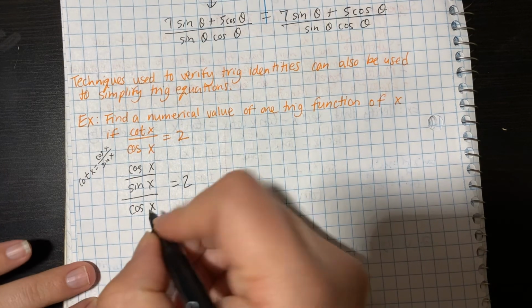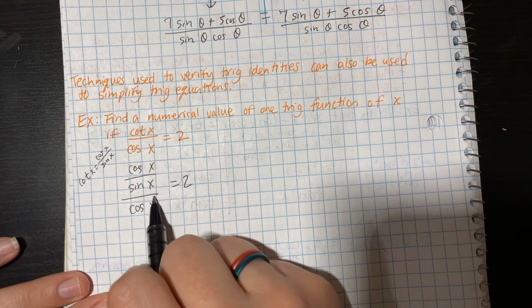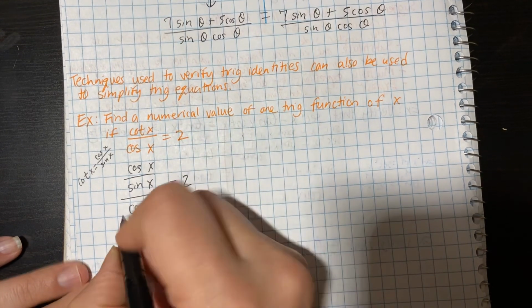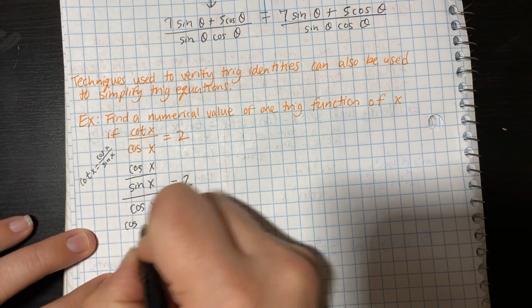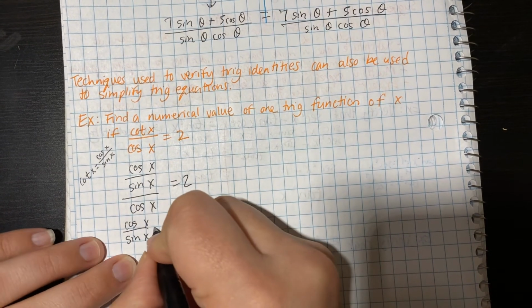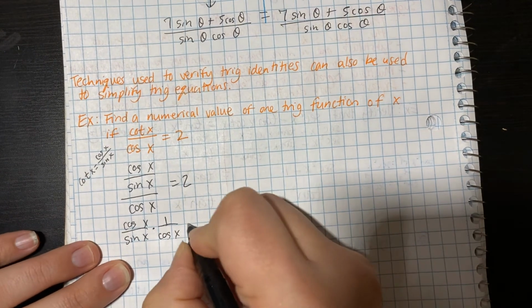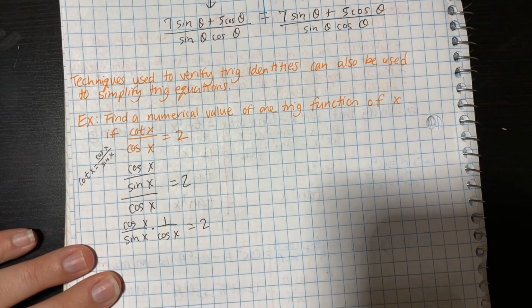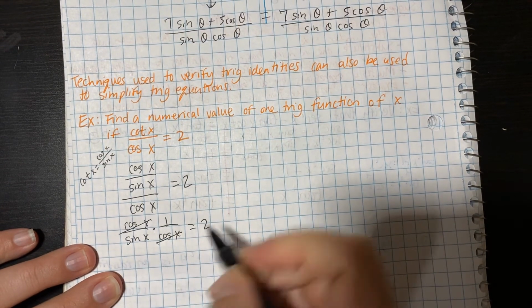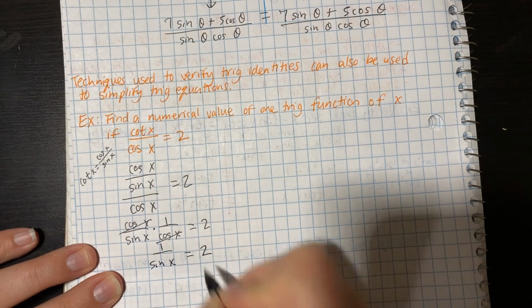All right, so now this is where I like to write my little thing. So I'm going to have cosine x over sine x, or we could even just multiply by 1 over cosine of x. Sweet, these cosines go away, so we have 1 over sine x equals 2.